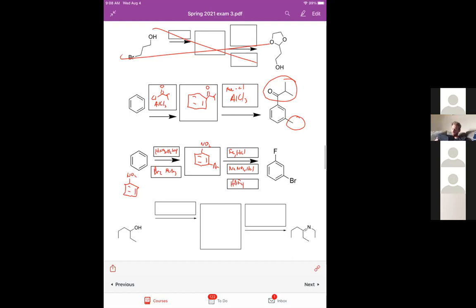Last one, we need to make an imine. So we need to oxidize either with PCC or chromic acid. And then we can just throw in an H plus and our ethylamine here.